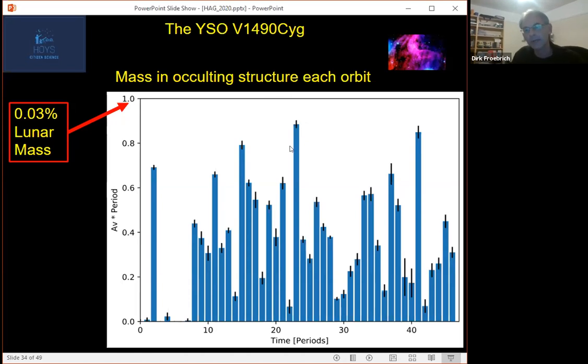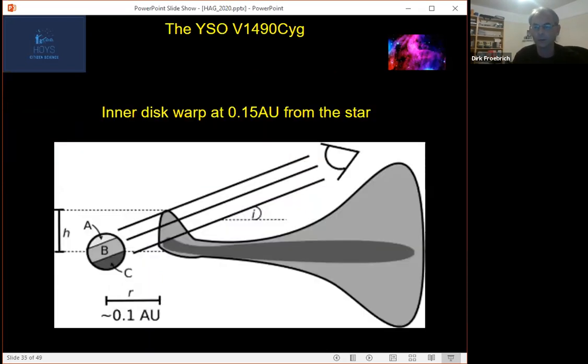So the material is really moving about in that accretion disk, not just orbiting, it's also moving about through that structure. Now the question is, of course, what causes this? One explanation that is usually given is that you get an inner part of the accretion disk that looks like that.